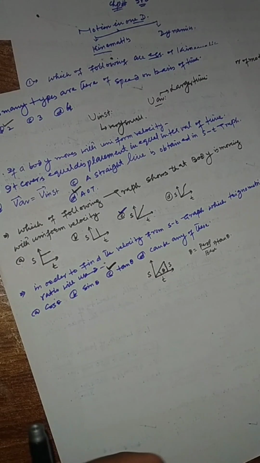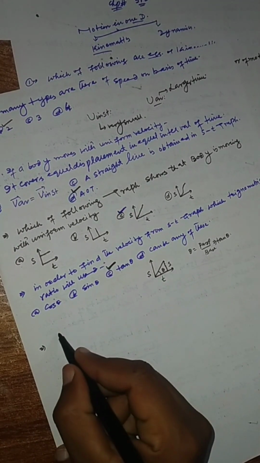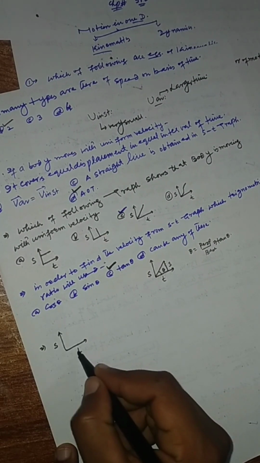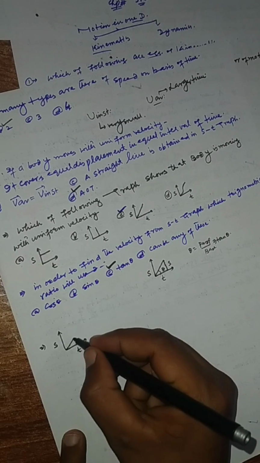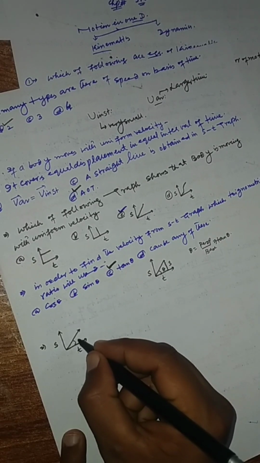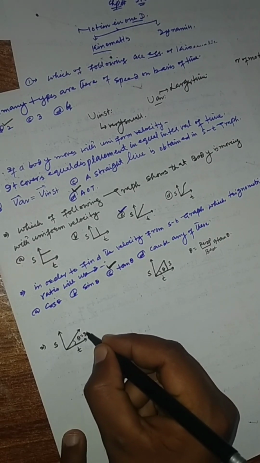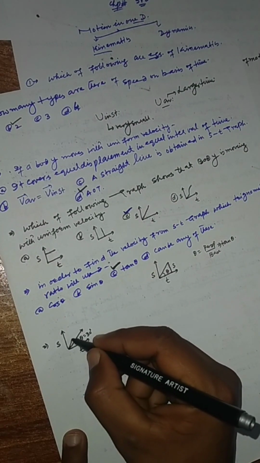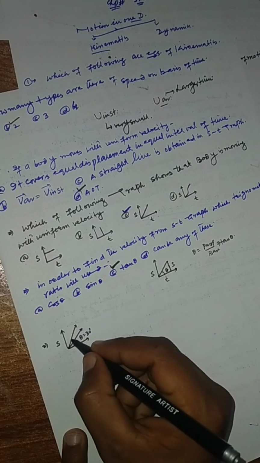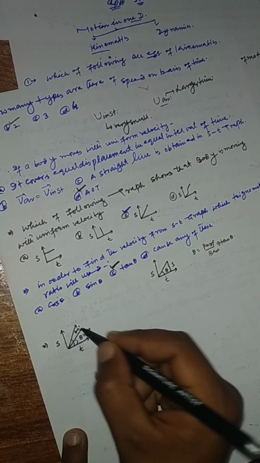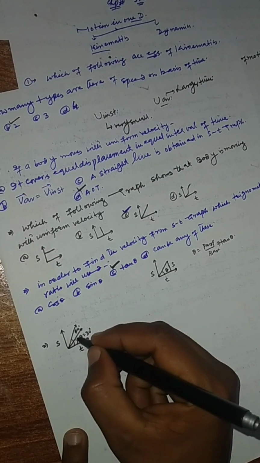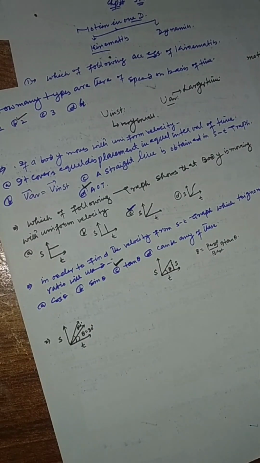Then, let's say two ST graphs are given. One is making an angle of 30 degrees with the positive x-axis and the other is making 60 degrees with the positive x-axis.